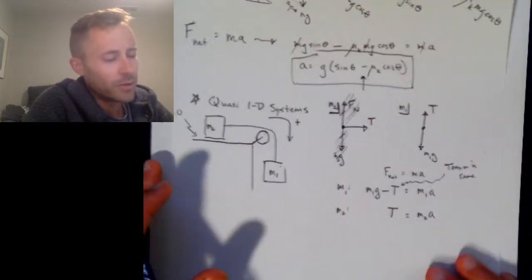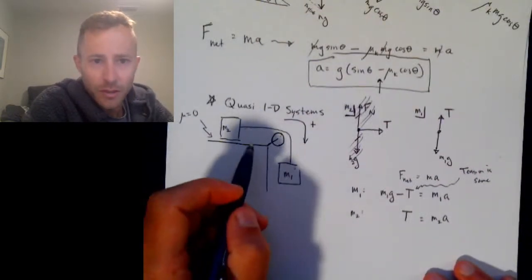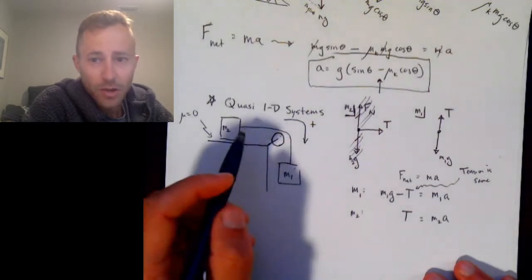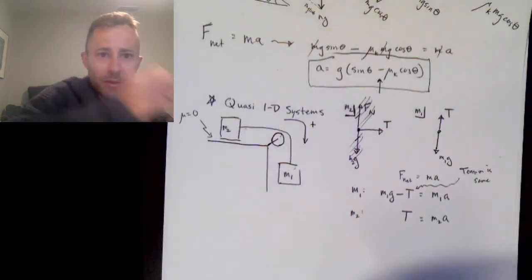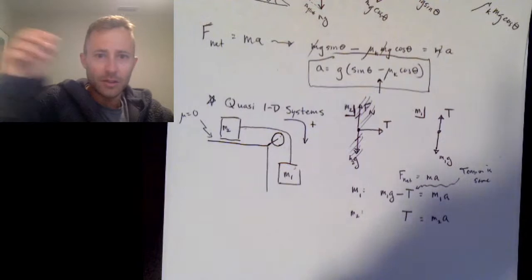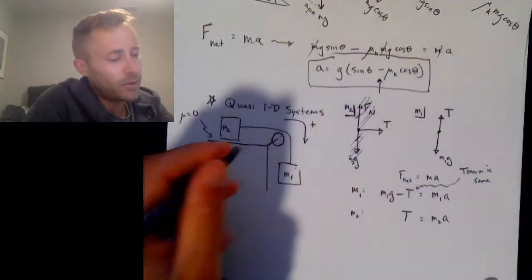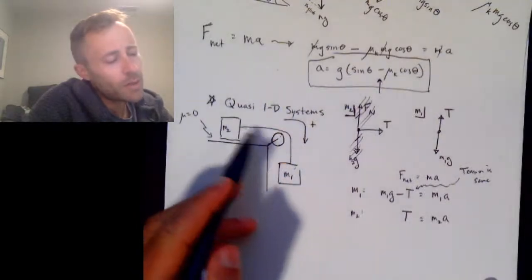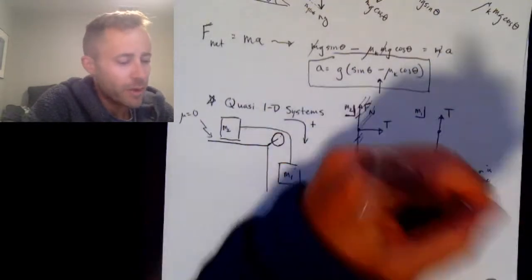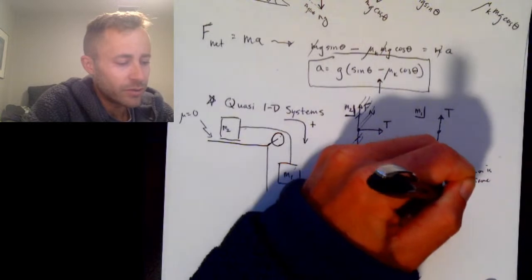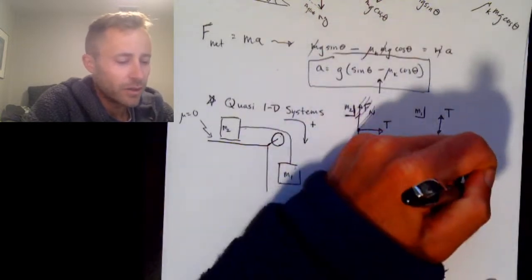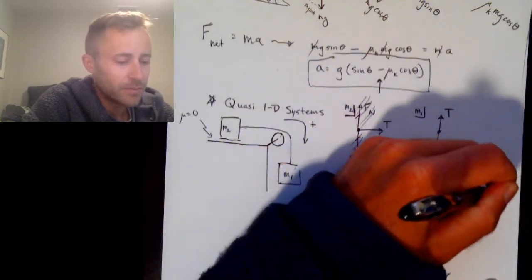And point number two is assuming that the rope is taut. Taut meaning, you know, it doesn't have any slack. If the rope is taut, then these two accelerations are the same as well.